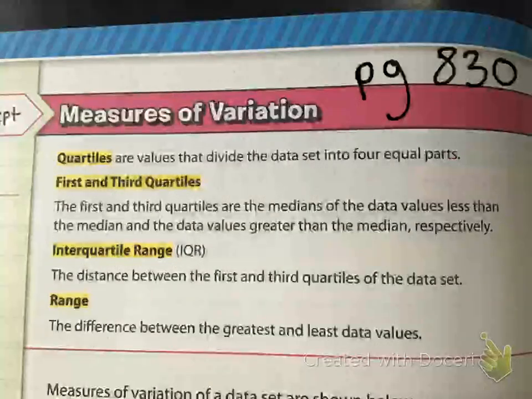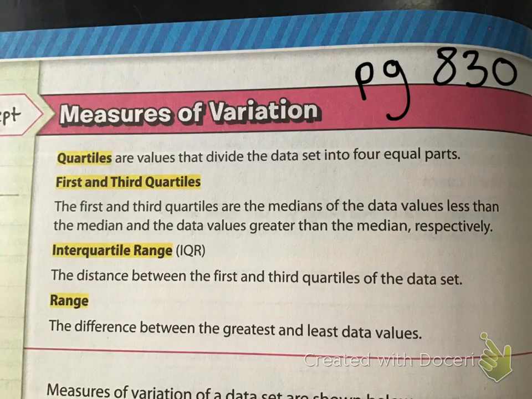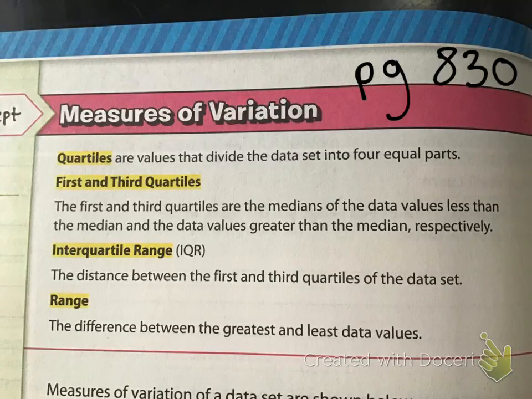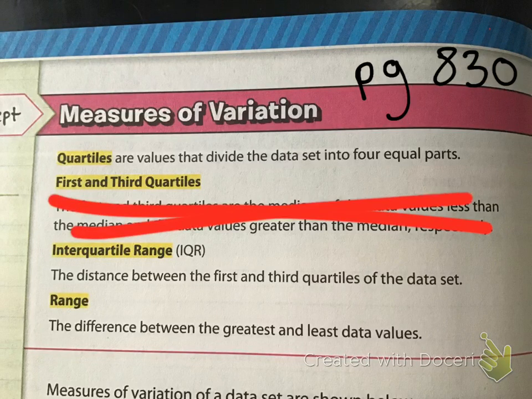Then we have the first and third quartiles. This is where it can start getting a little confusing, but hopefully I've made a good example on the next page. The definition says the first and third quartiles are the medians of the data values less than the median and greater than the median, and so on. It's a horrible definition. Honestly, it's just quite frankly horrible.